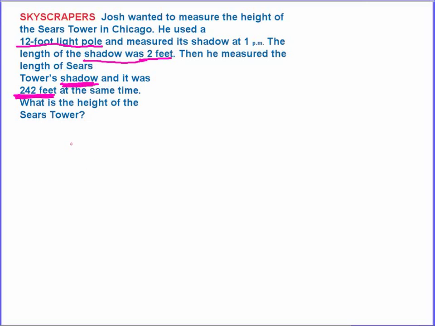So I'm going to go the object height over the shadow. And because it's at the same time, you can tell the height of something by doing similar triangles, because the sun is at the same angle. So the 12-foot pole, put that on top, and the shadow at the same time was 2.